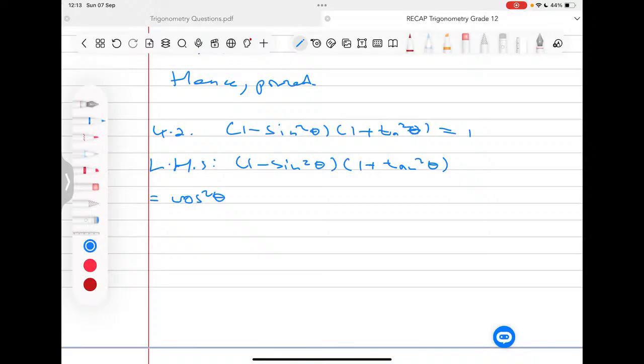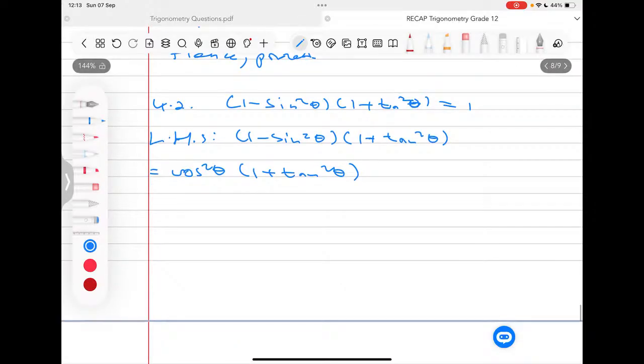And then we are going to leave this as it is for now, right? At this stage, I think that's where we can actually multiply this inside here, to avoid it being too long.